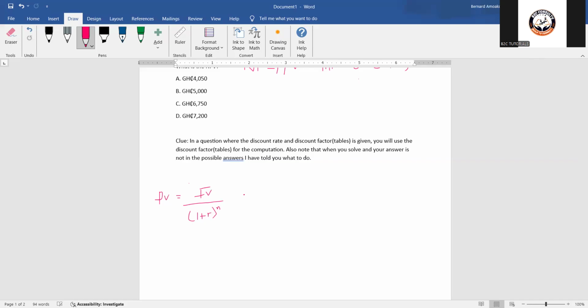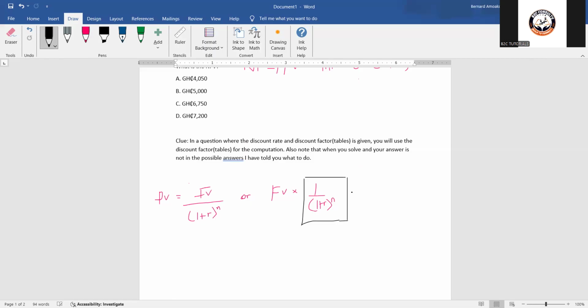And we said that this can also be written as future value multiplied by 1 over 1 plus r raised to the power n. In our previous recording, I told you that this 1 over 1 plus r raised to the power n is what we call the discount factor.